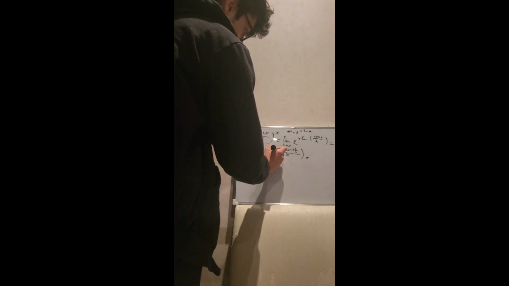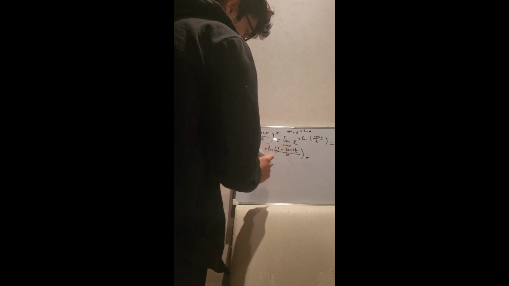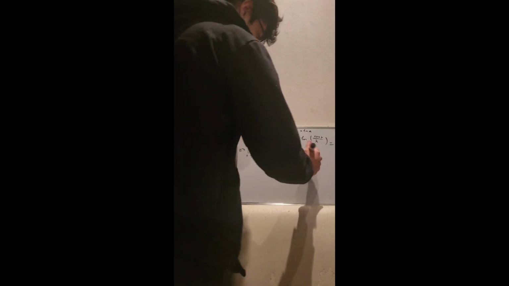We are going to put here a negative sign, so let's write it again. So it's going to be limit x approaching 0, e power of x ln negative 2 sine square x over 2 minus 1 over x, in order to make it easier.